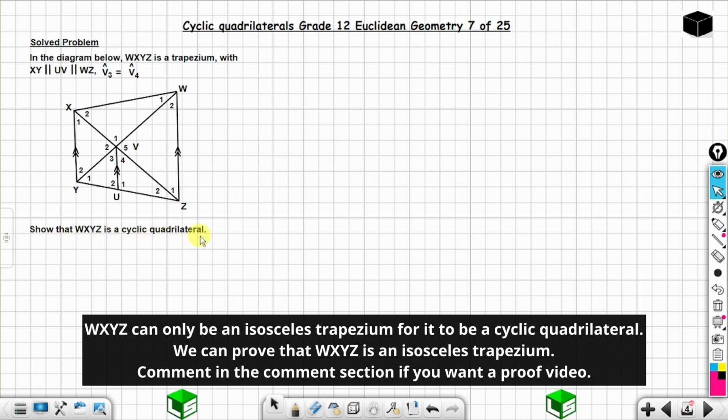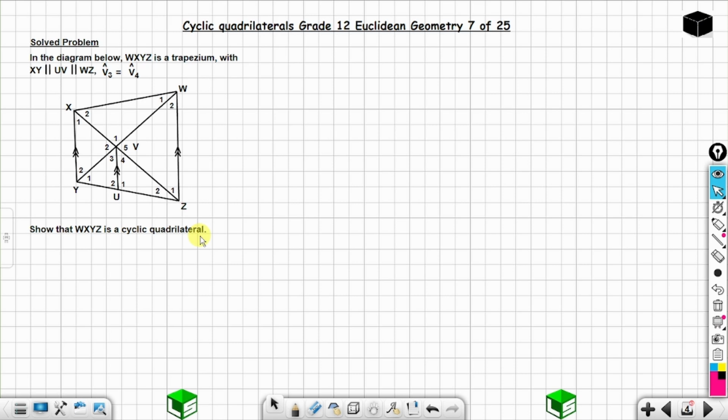You can use the three ways to prove that a quadrilateral is cyclic. Which one is going to work for this situation? The first one says if you have the sum of the opposite angles equal to 180 degrees, then you have a cyclic quadrilateral, but we don't have the values.